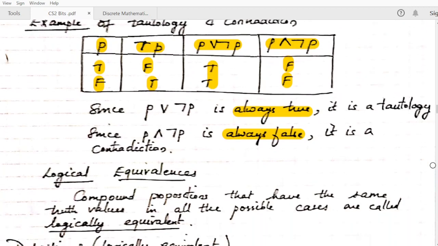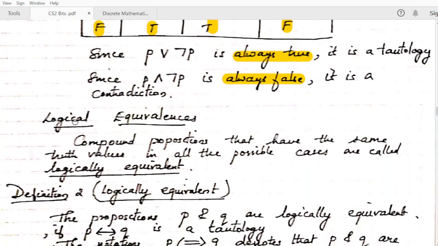Next, we have the definition of logical equivalences. I already told you that when we talk about logical equivalences, we define when we can say that two compound propositions are logically equivalent.